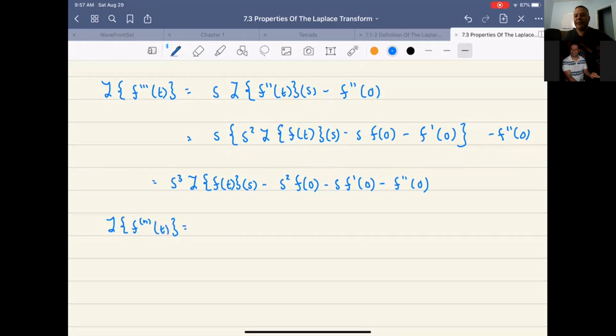If I took the Laplace transform of the nth derivative, it's going to be s to the n L of f of t of s minus s to the n minus 1 f of 0 minus s to the n minus 2 f prime of 0 minus, and you keep going all the way down until you get the n minus 1 derivative of f at 0.